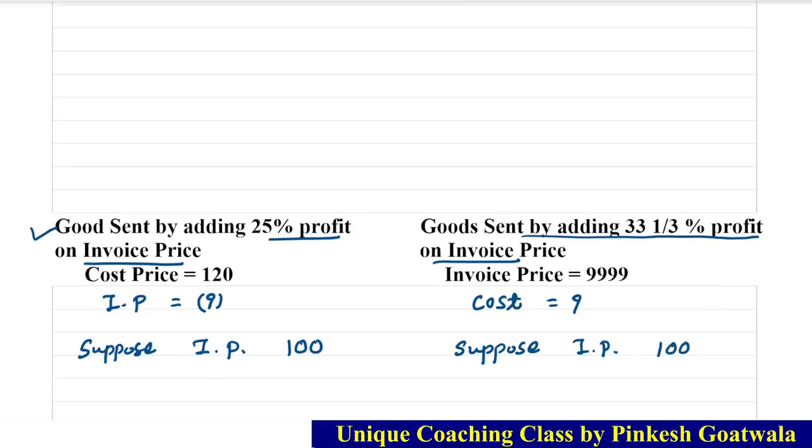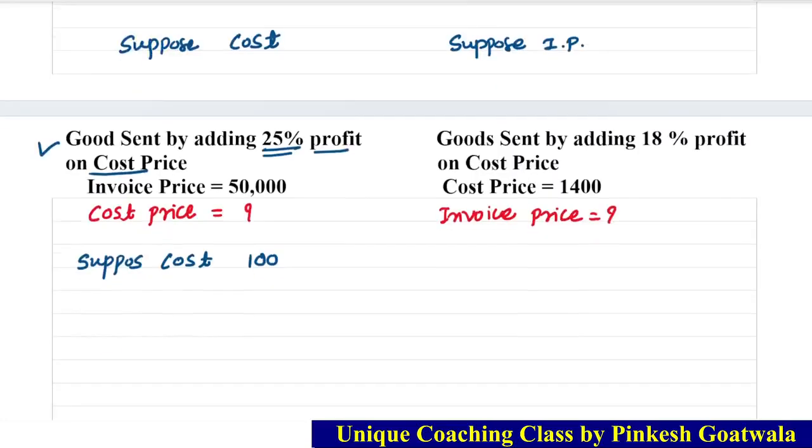Clear? In this point, goods sent by adding 80% profit on cost. Here it is on cost, so we should suppose cost 100. Remember, whichever the profit is given on, suppose that: cost if on cost, invoice if on invoice.